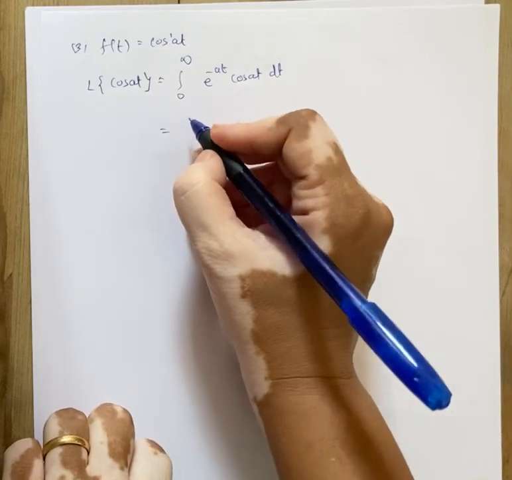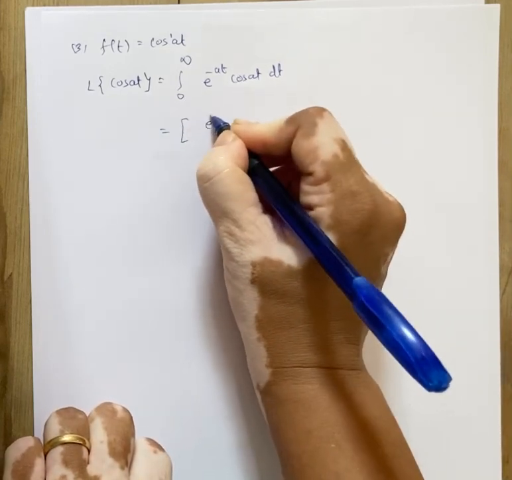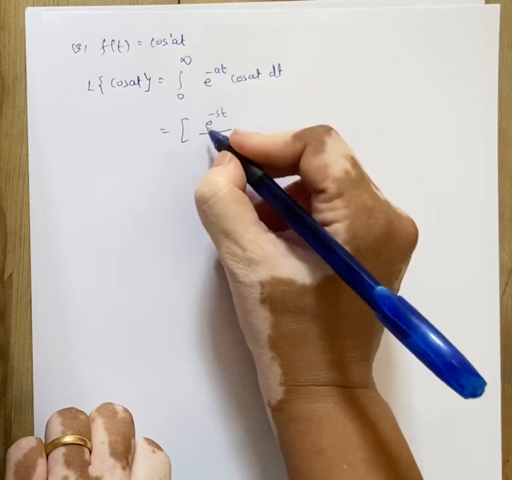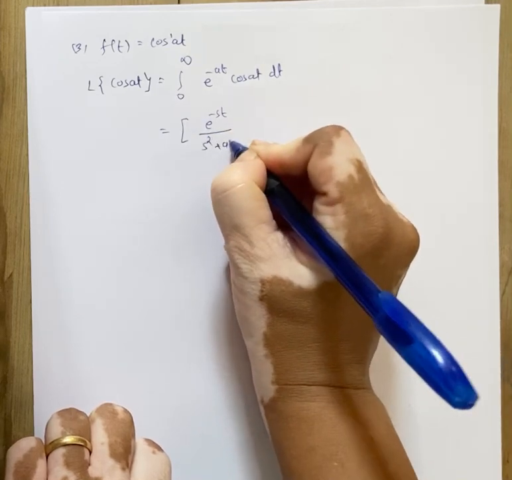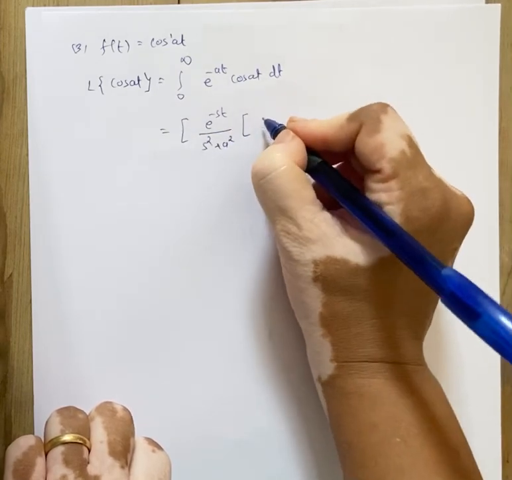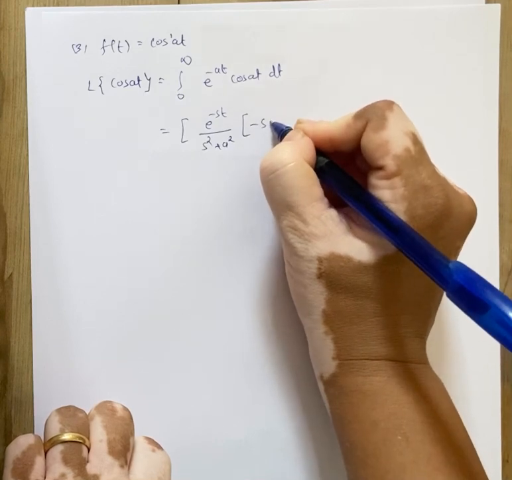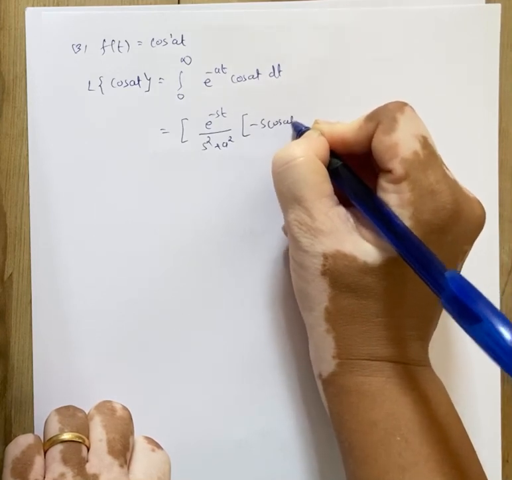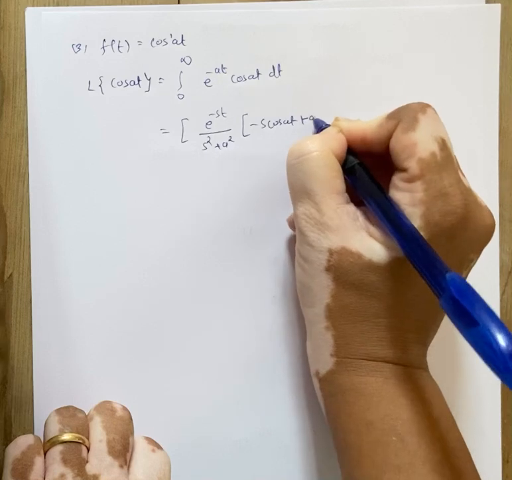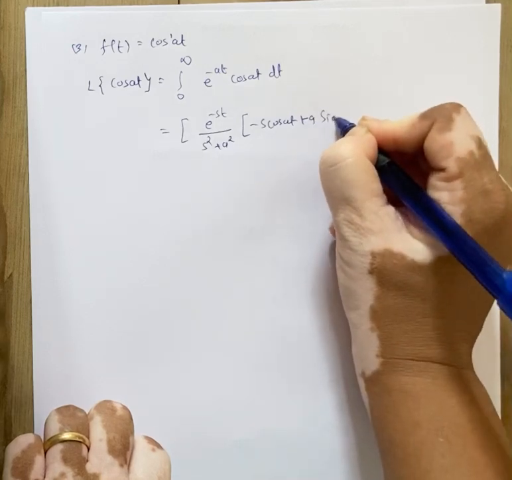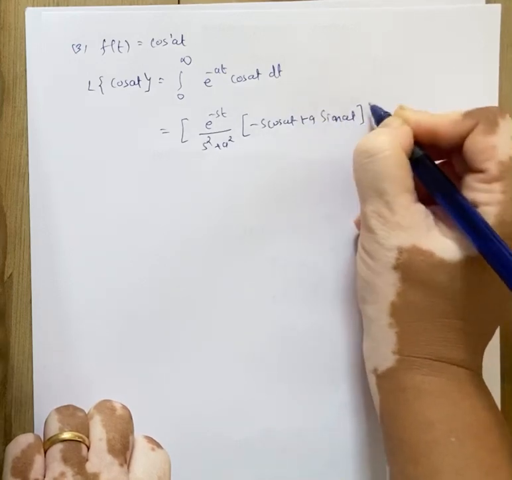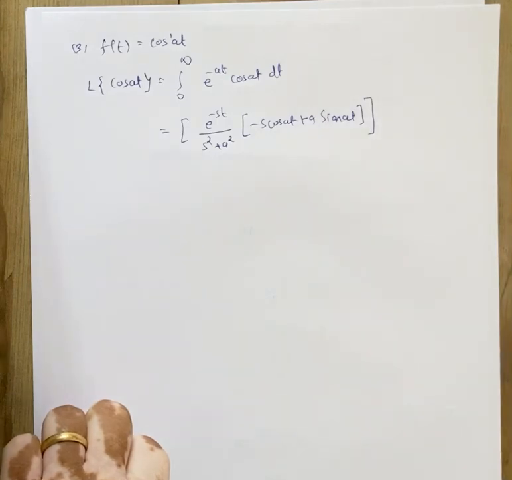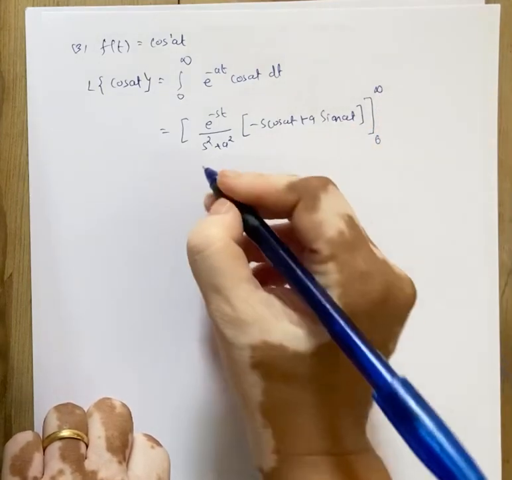That is the formula: e raised to minus st upon s square plus a square, bracket minus s cos at plus a sin at, and the limit is 0 to infinity.